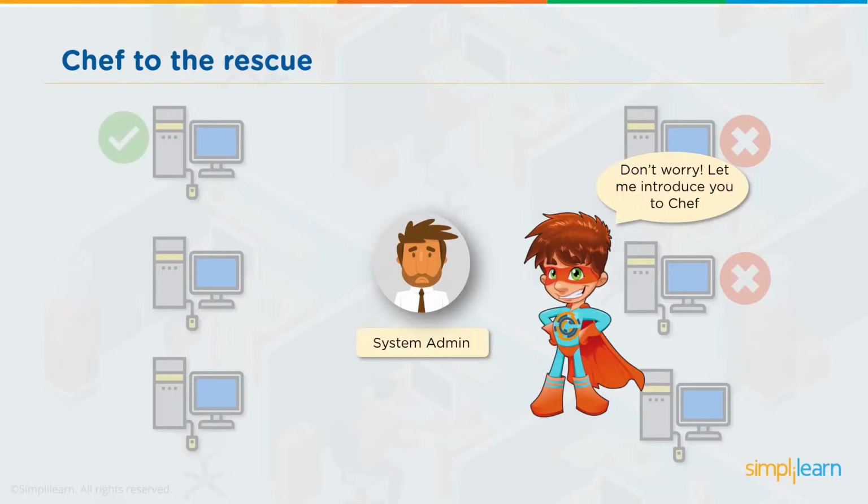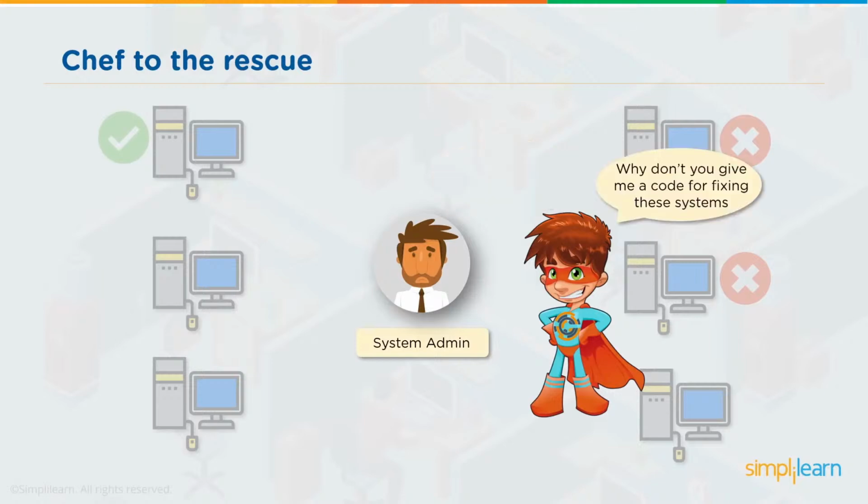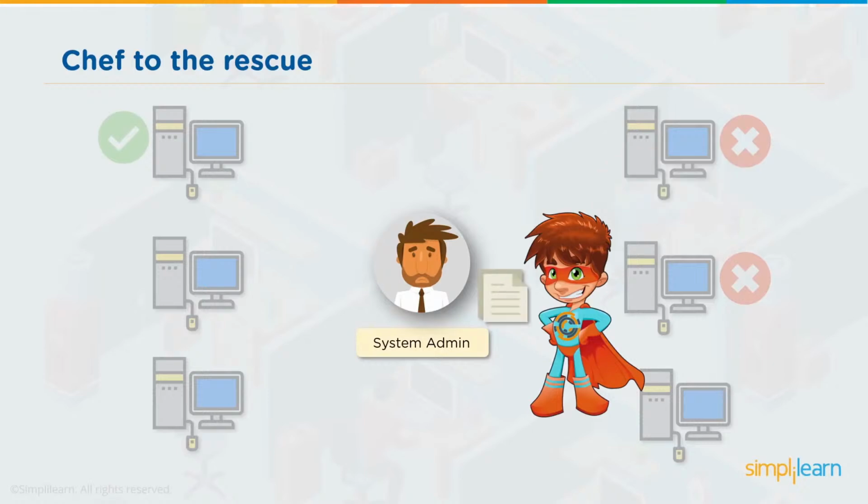So let me take some time and introduce you to the concepts behind Chef and why it's a tool that you would probably want to be using in your environment. So what actually is Chef? Chef is a way in which you can use code to fix your physical hardware environment. So what does that look like? Well, the way that we write out scripts in Chef is that you can actually code your entire environment.